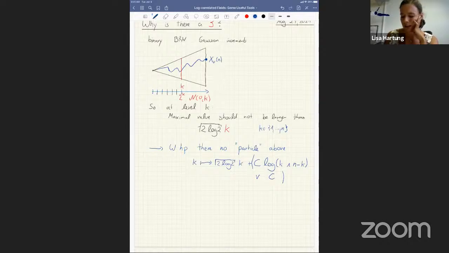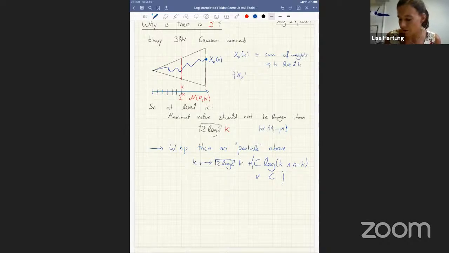And now I can look at X_v of k to just be the sum of the weights up to generation k, up to level k, to be consistent.